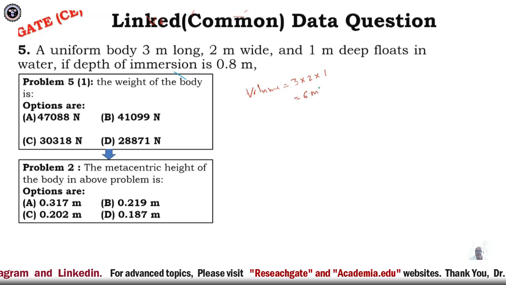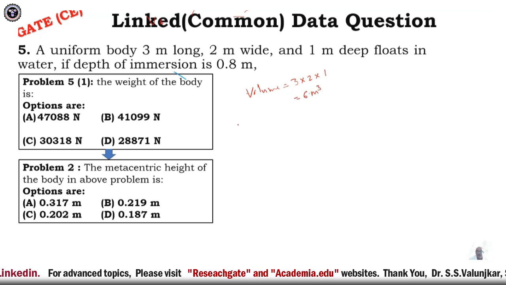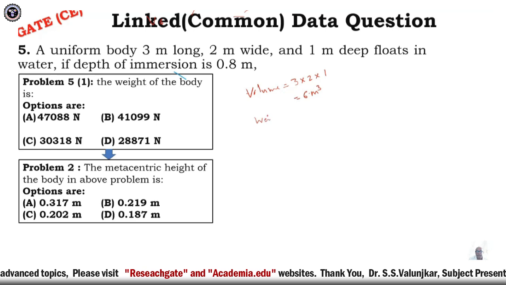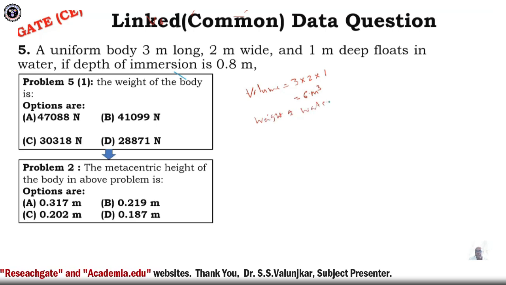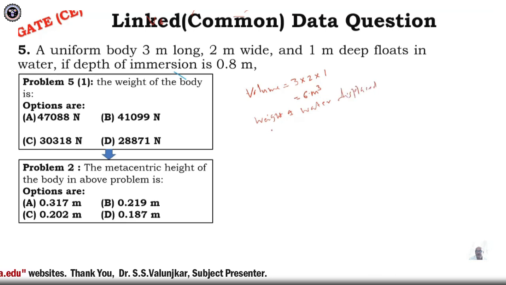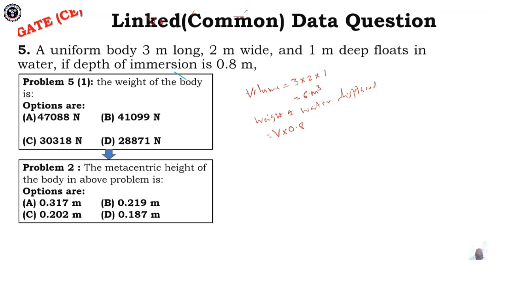Now the weight of water displaced is equal to V into 0.8, since the depth of immersion is 0.8, into g into rho w.